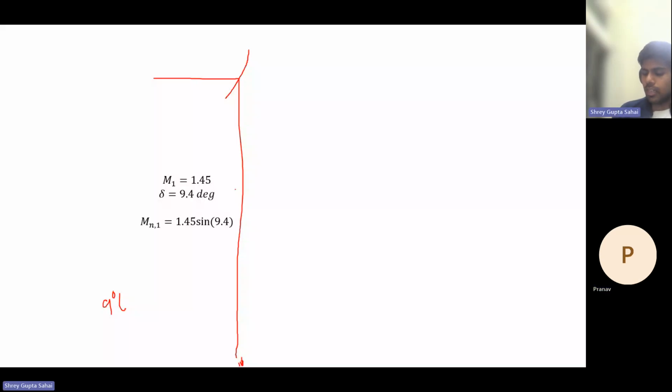What value are you getting? I'm getting 1.035, nearly 1.03.